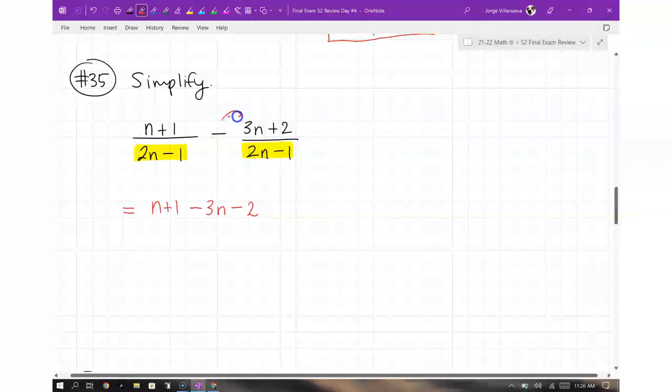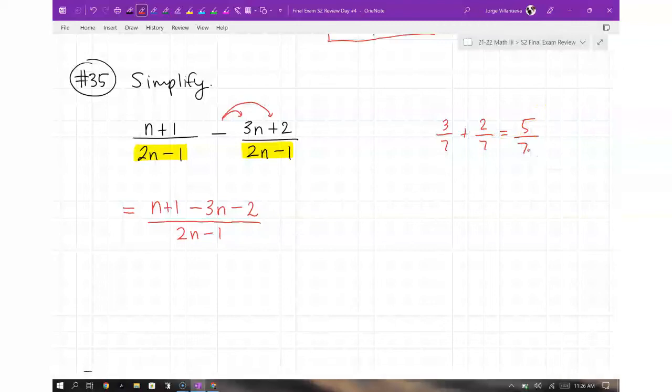Okay, notice I'm distributing the negative. On the bottom, it's still going to be 2n minus 1, because the bottoms stay the same. Right? Think about it. Whenever you would do 3/7 plus 2/7, your answer was 5/7. The denominator doesn't change when they're the same.